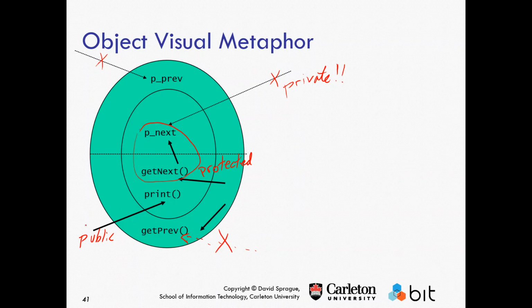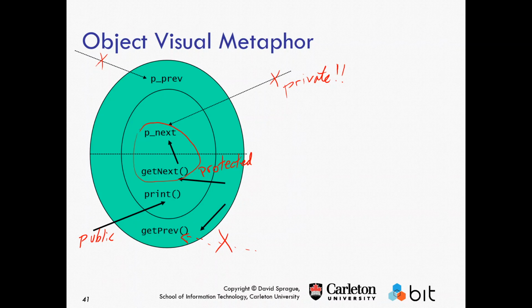Public methods outside of the class, I can access. Protected, nope, I can't access it. Private stuff has to be within the same one class. I can't even be in a child class of it. I can't see it in a child class. For protected methods, I can see this is a protected function within the child class, but I can't access it outside of a child class or from outside the class itself.